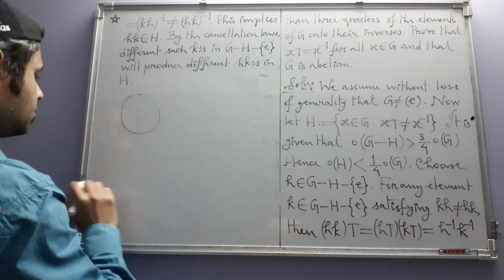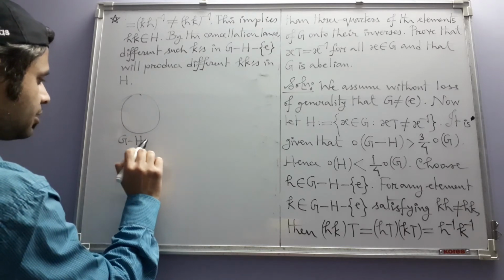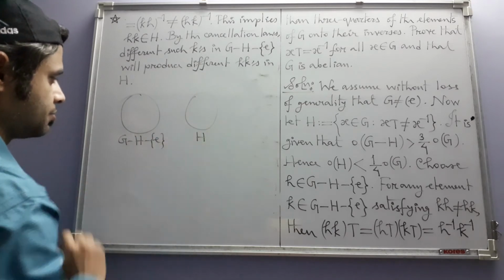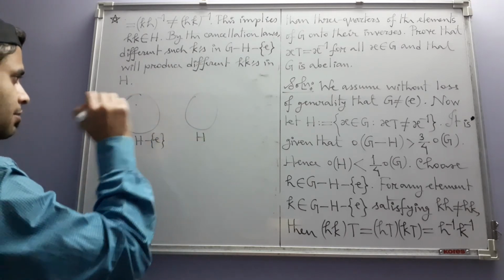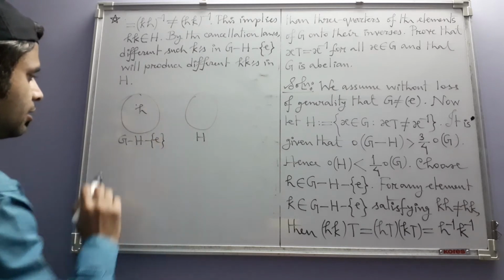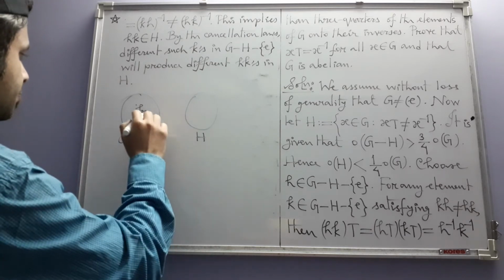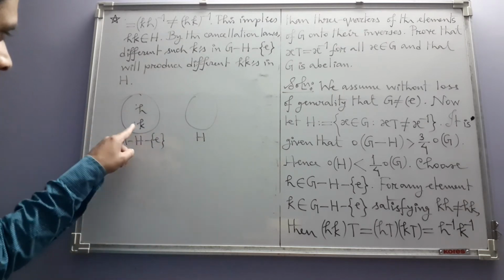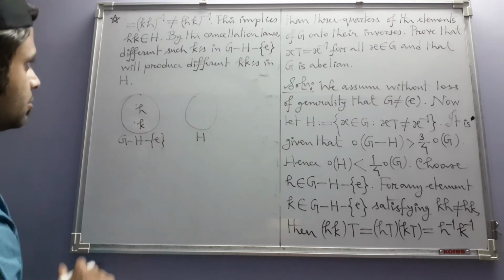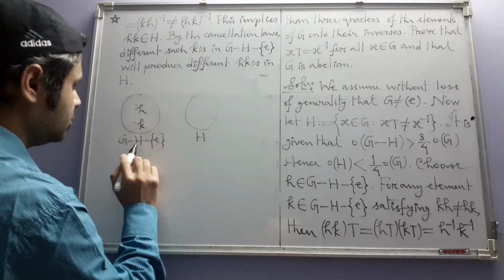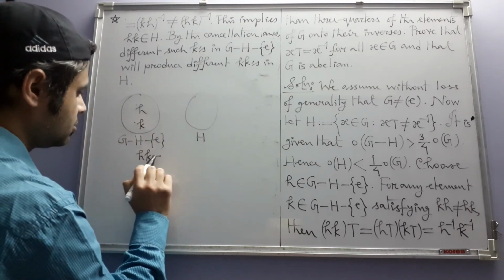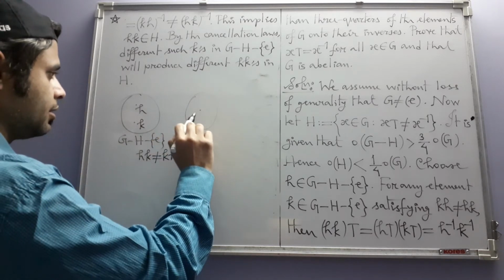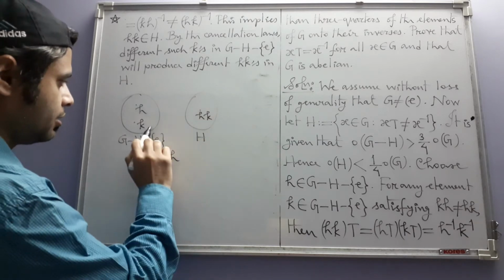This is say our G minus H minus e, and say this is H. We have chosen some element h here and we have kept it fixed. Now for any k belonging to this, for which hk is not equal to kh, we are getting an element hk in H.